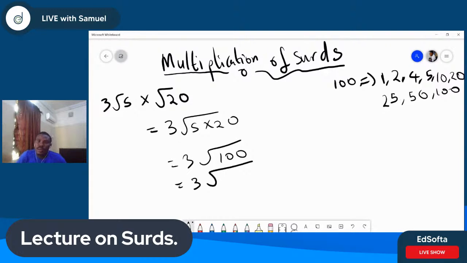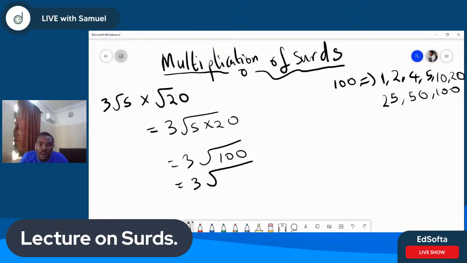Now, like we said, 1 times 100 is 100, a perfect square, yes, but it is not in the simplest form, so we can't use that. 2 times 50, no? Yes. So you can see 1 times 100.